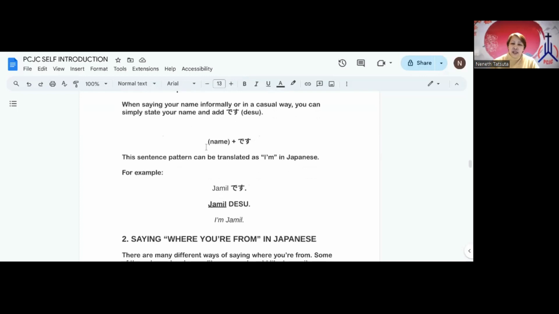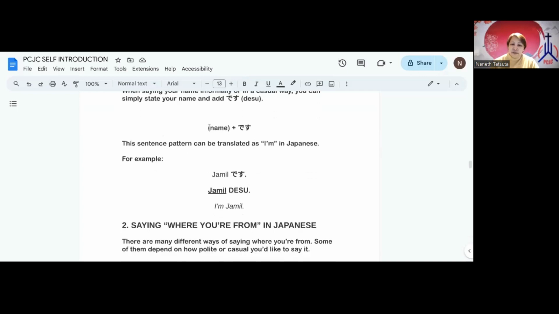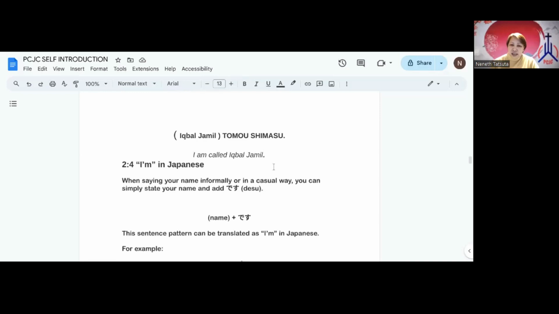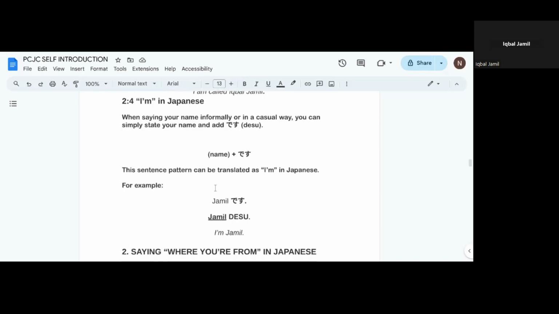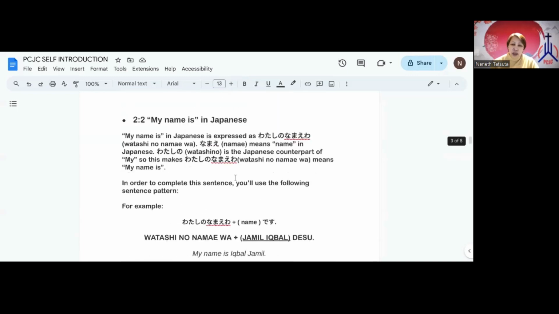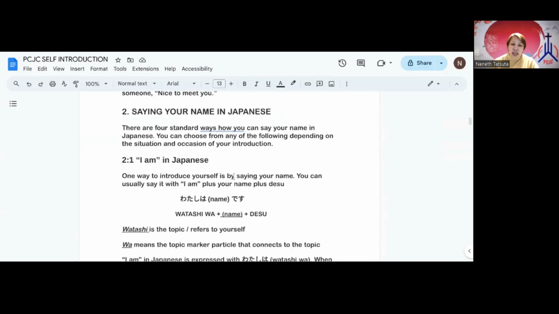The pattern is just your name plus desu: Jamil desu or Iqbal desu, because this is the casual or non-formal way. So you have the four ways of saying your name.